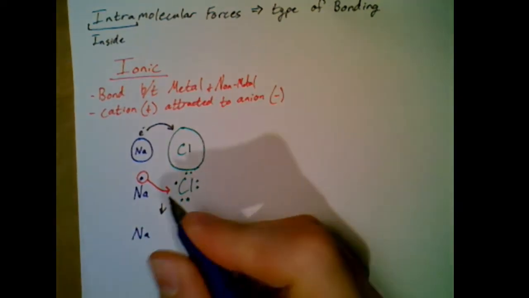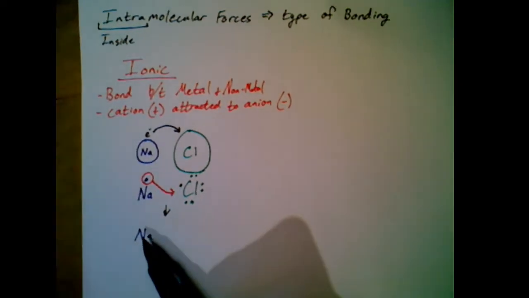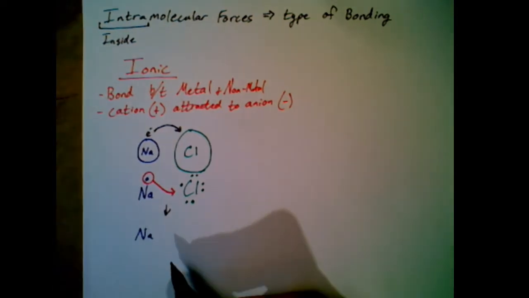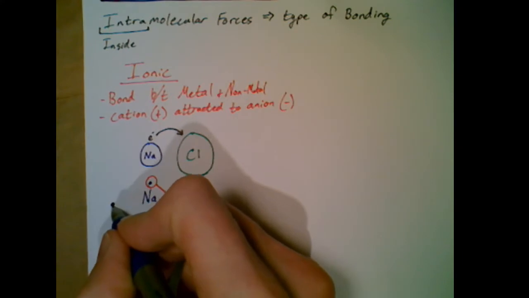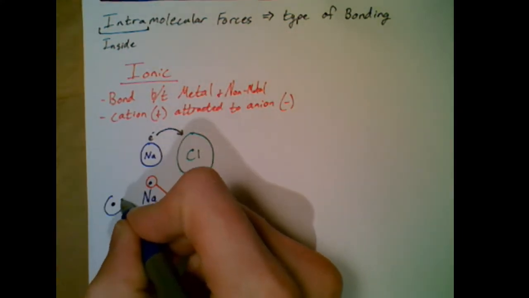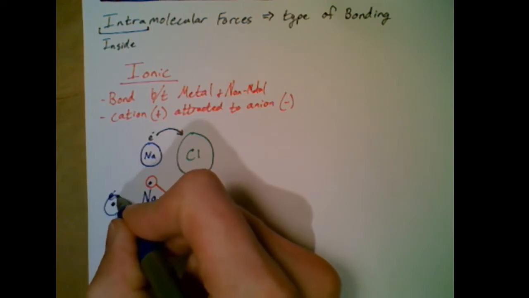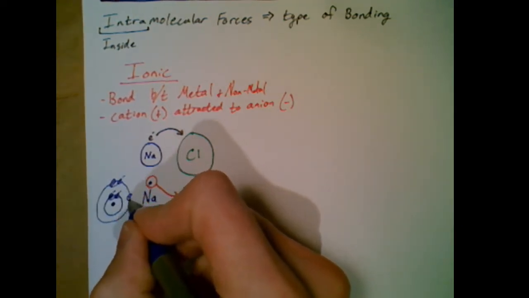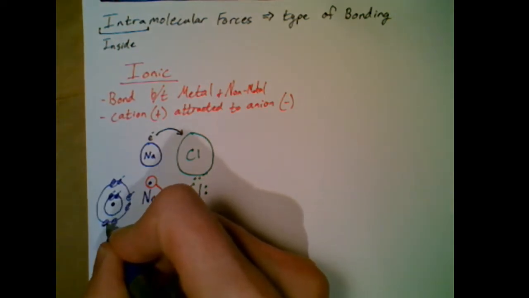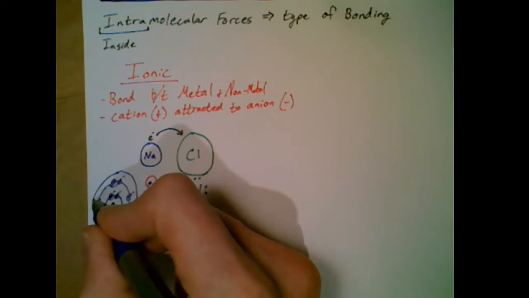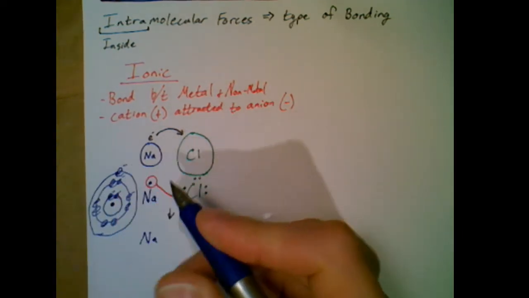So what we end up producing is sodium that now has a full valence shell in its second orbital, like the second ring. If you think back to your Lewis dot diagram or your Bohr model, you had your nucleus, your first orbital, your second orbital, and then sodium had one electron in its third orbital.